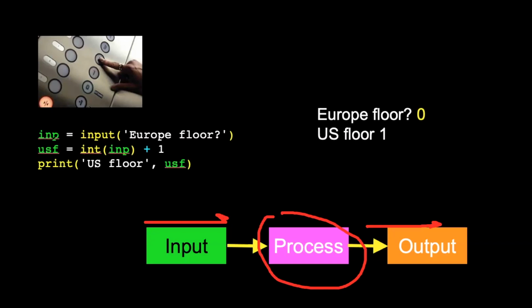One example is this: you have input from the user, and once you get the input, you convert it into an integer and calculate the increment of that input, and then print it to the output. This output is your computer screen. You're printing it, so it's going to your console application, and the input is coming from the user. So this is the user, and this is the console display screen, okay?